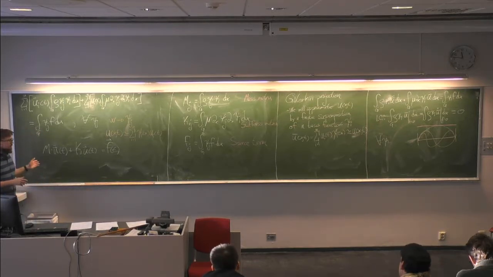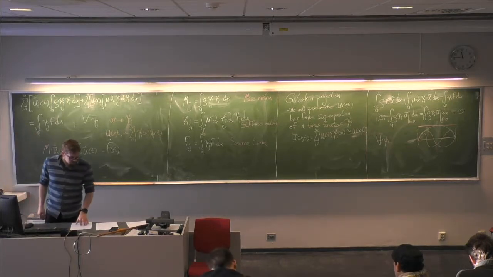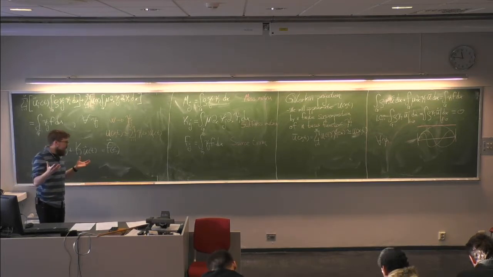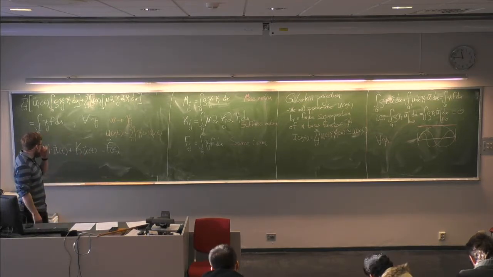This kind of looks like a spring, which is why you have the name stiffness. So that's kind of the stiffness matrix of the model. But it's not a matrix model.